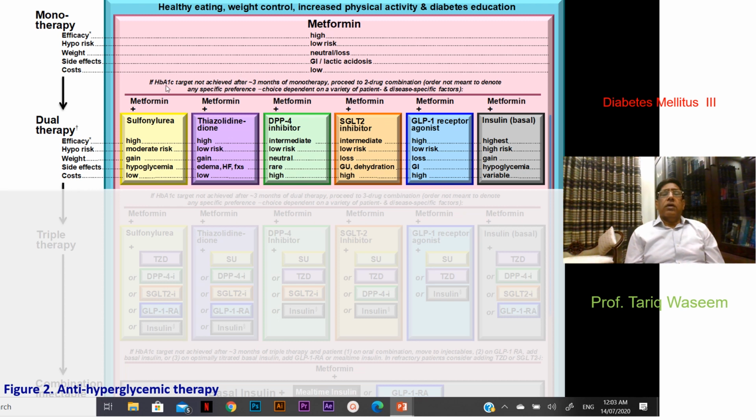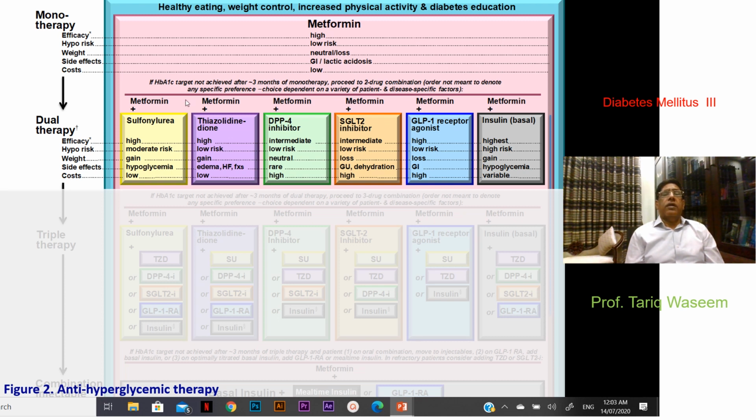So after an initial 3 months of assessment on a diet and weight control program alone, you add metformin. At 3 months you again reassess whether this is working or not.